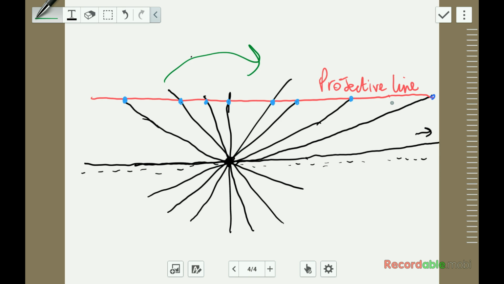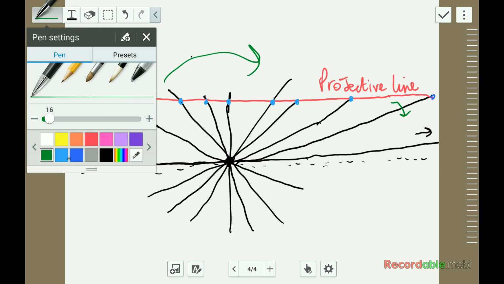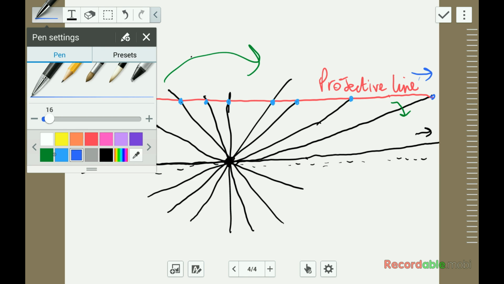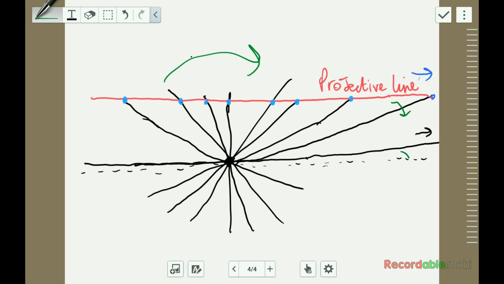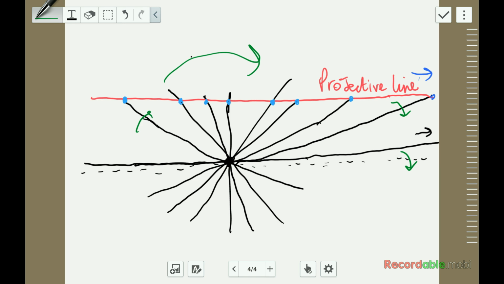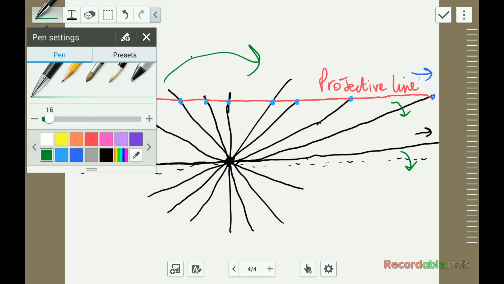As this point rotates down, the blue point goes further and further to the right, and eventually this black line here is going to become horizontal, and it's going to continue to rotate, and so it's going to eventually come up like here and appear on the left hand side.